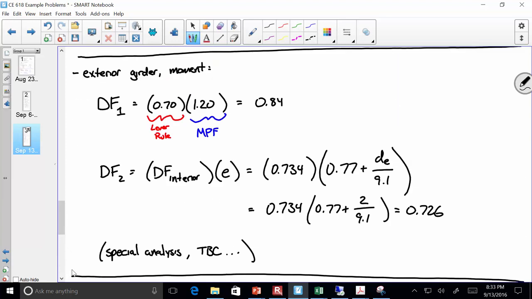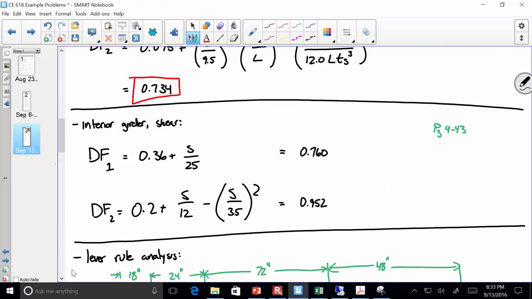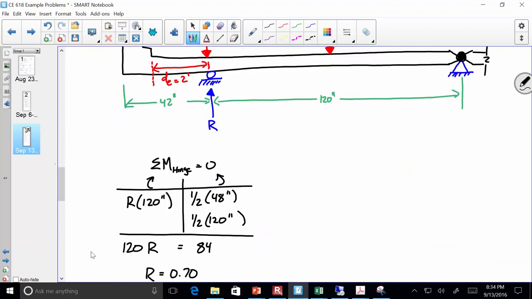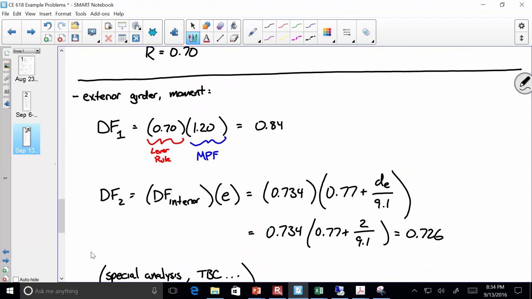It's going to affect interior girder moment, so the 0.508 and the 0.734. And then it's going to affect exterior girders, this 0.726 here, because I'm taking an interior girder and modifying. That's it. Everything else is the same.